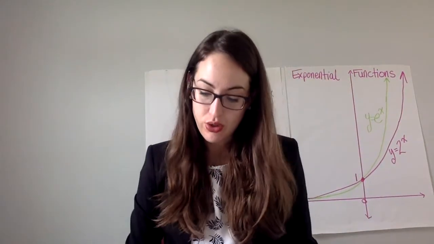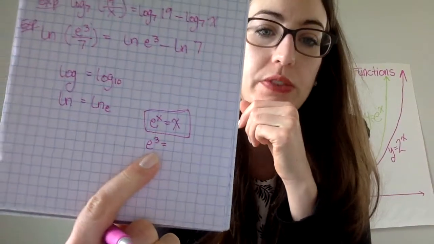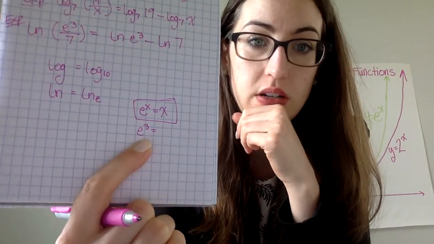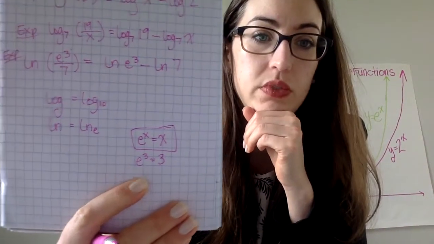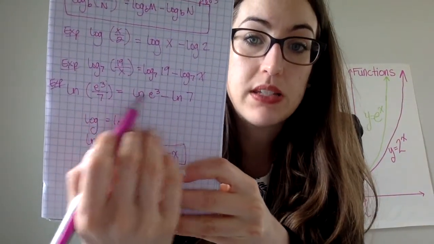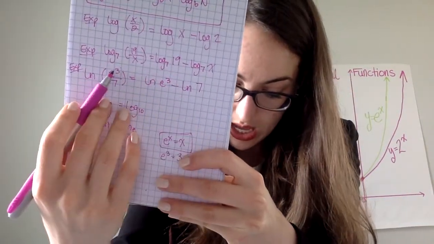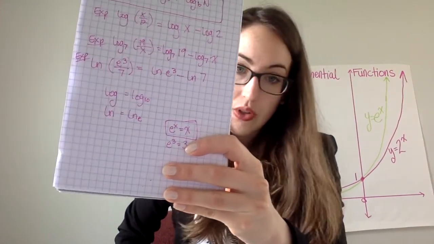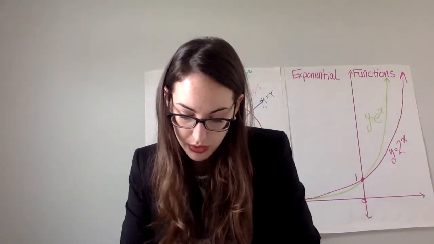If that's my rule, what's e cubed? 3, right? That follows the rule. So knowing that, I can take this problem a step further. Sorry, I should put a natural log in front of that.